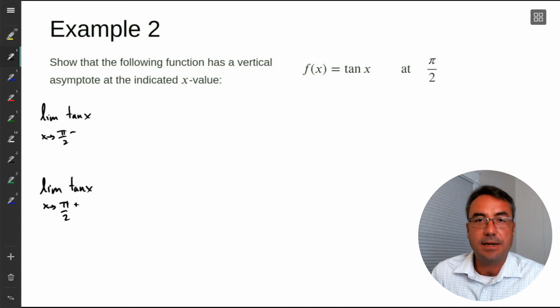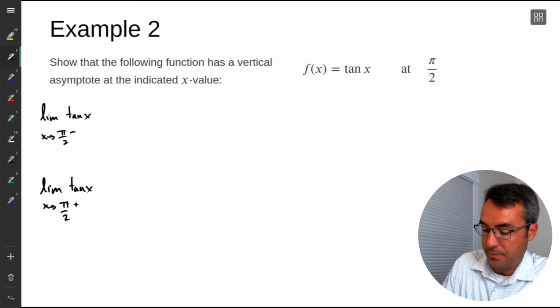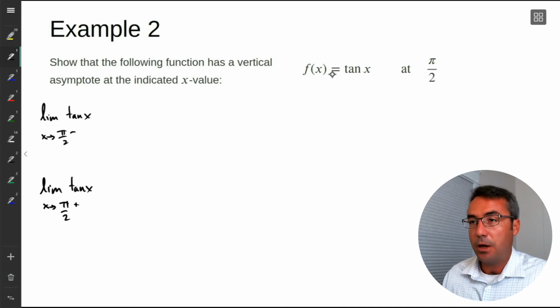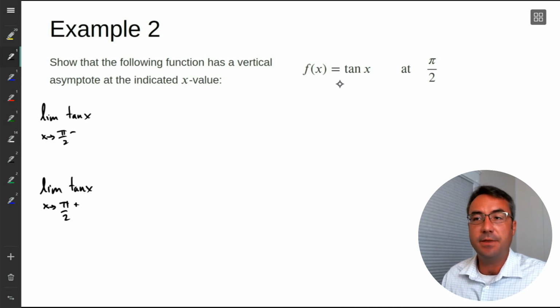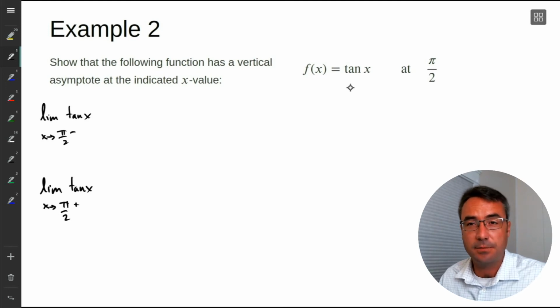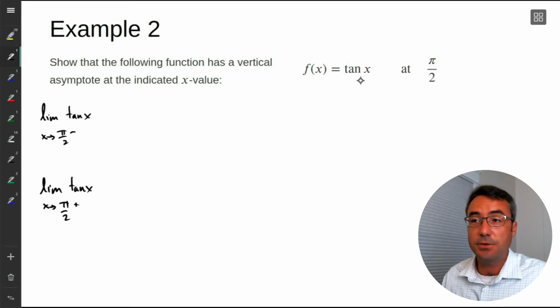Now, when we look at tan x, it doesn't look like we have division there. But a lot of our trig functions, we can rewrite in terms of sine and cosine. Those are our two principal trig functions that we refer back to. And it's no different with tan x. We can rewrite tan x in terms of sine and cosine.